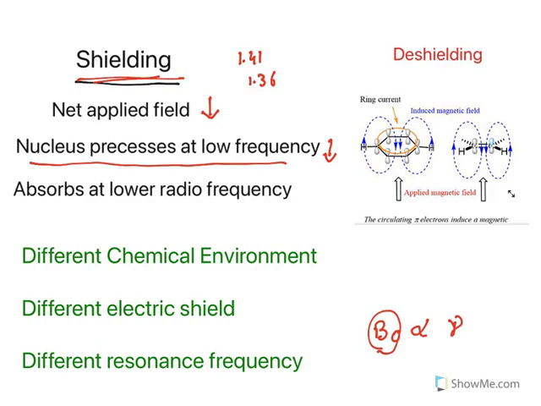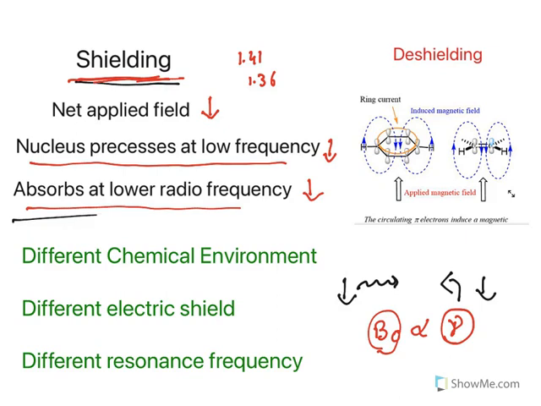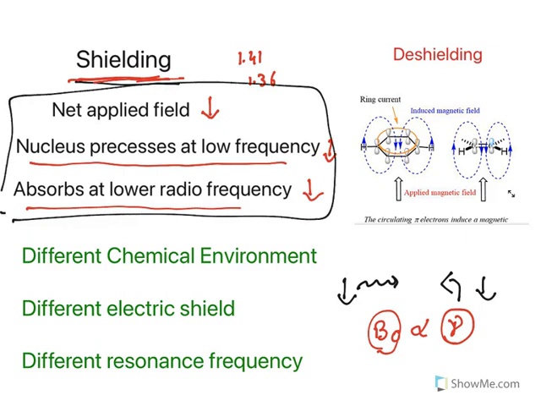If the external magnetic field is increased, the precessional frequency is increased. So if it is being blocked by shielding, the frequency also reduces. If the frequency of the nucleus is reduced, it absorbs at lower radio frequency. Why? It is resonance. Radiation with a frequency similar to that of the nucleus will get absorbed. If the nucleus frequency is reduced, the radio frequency also reduces. This is what happens with shielding.